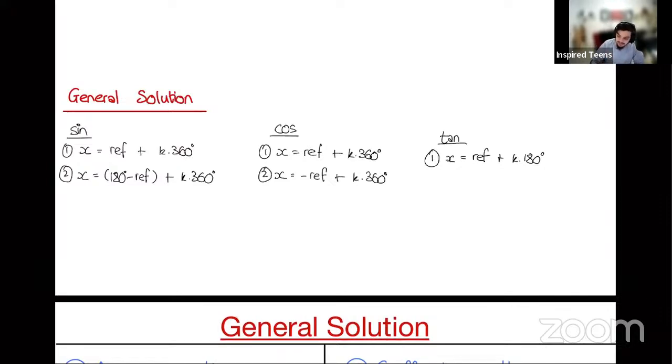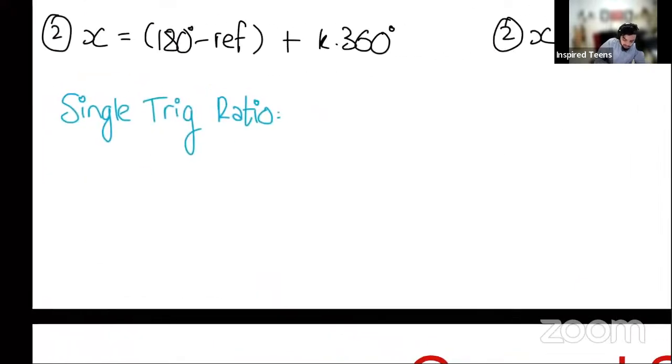When we deal with a single trig ratio, this is how we solve for it. It's relatively simple.